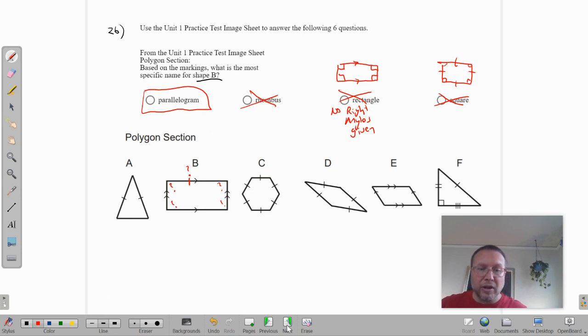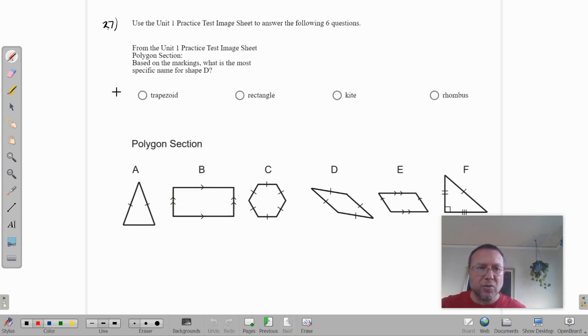Now on 27, we're looking at shape D. I think I already mentioned it, but let's say what it's not. I don't know anything about the angles, so I can't say it's a rectangle because I don't know if those are 90 degrees or not, and they certainly don't look like they are.